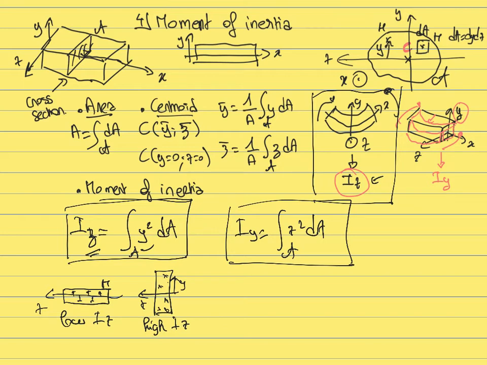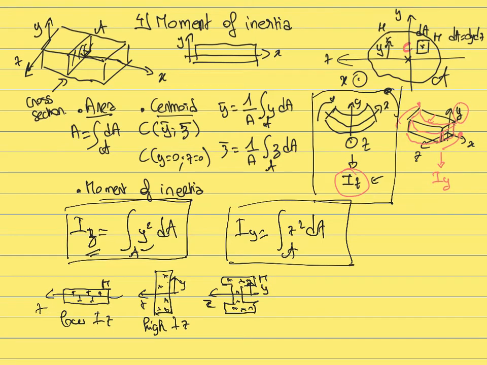Another example of a beam that has a high moment of inertia would be an I-beam like this. If this is the z-axis, and you look at all the points m that belong to this area of the cross section, most of the points m are actually very far away from the axis z.